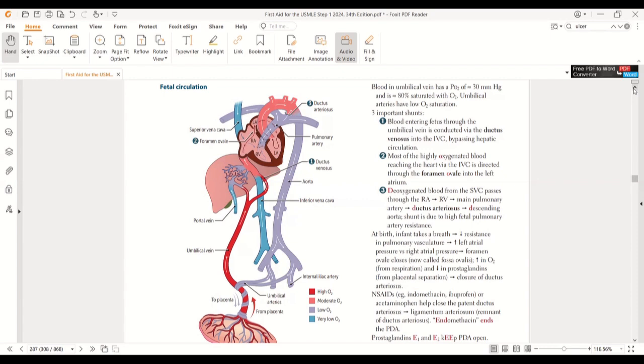From the right atrium it goes through the foramen ovale, enters the left atrium, goes down to the left ventricle, and then goes through the aorta. Is that correct?